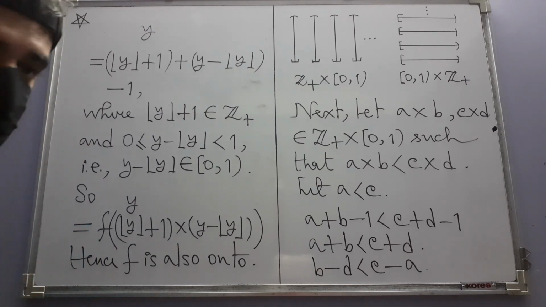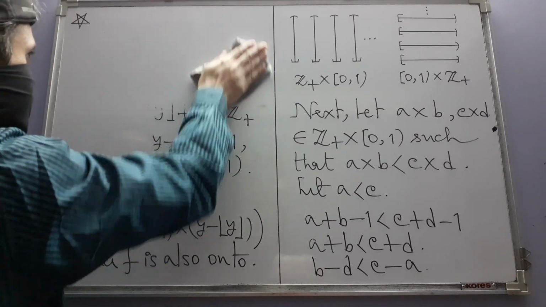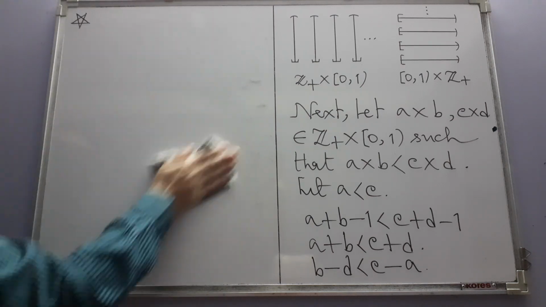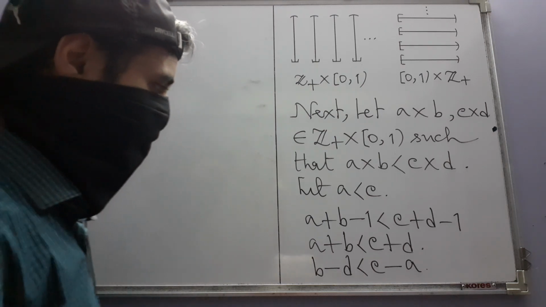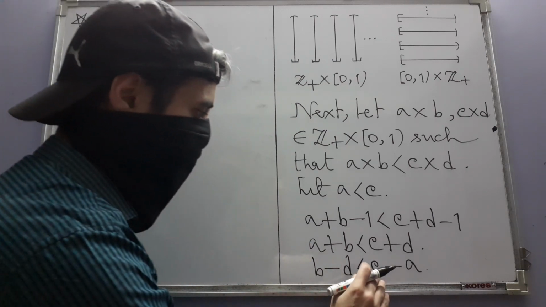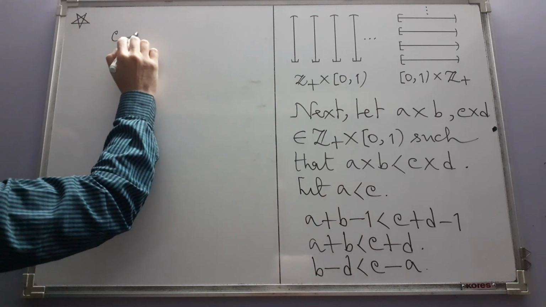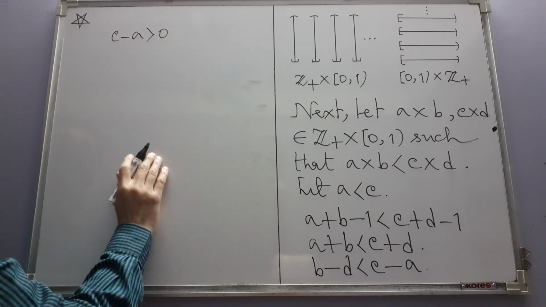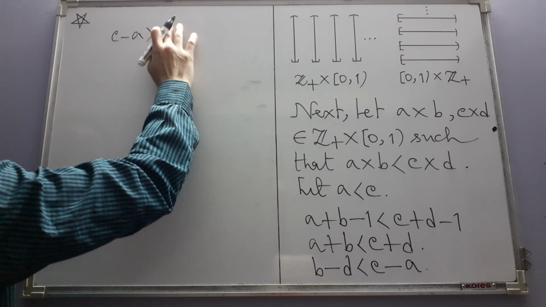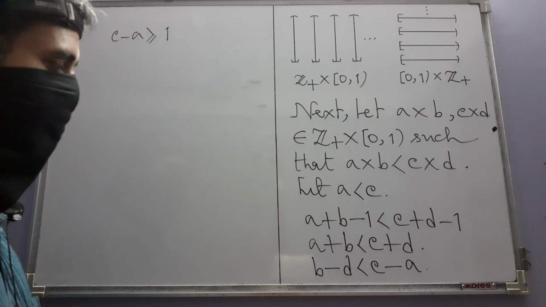We are trying to see what we want to do. I mean, what we can do to get our thing. How can we get to this inequality? Do we know something about C minus A from this? We know that C minus A is a positive integer, which can also be written like this, greater than or equal to 1.